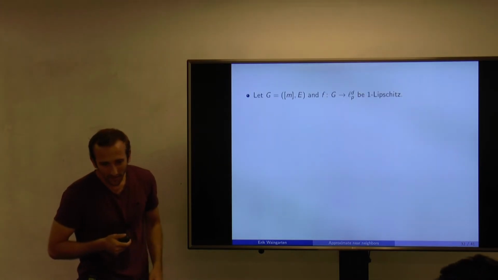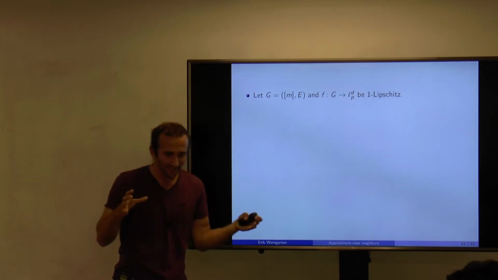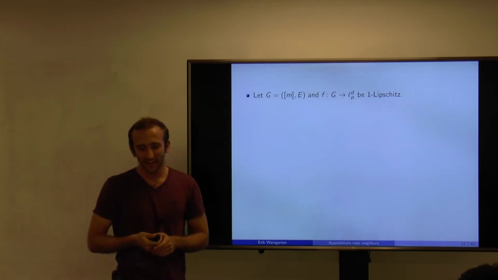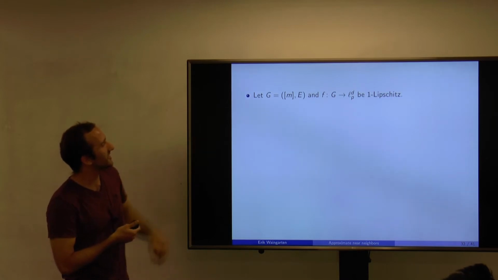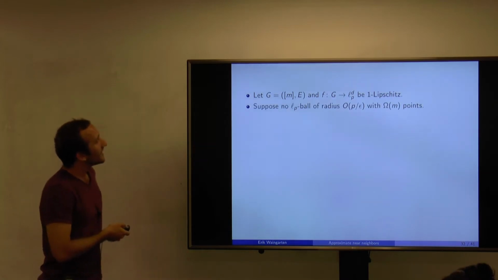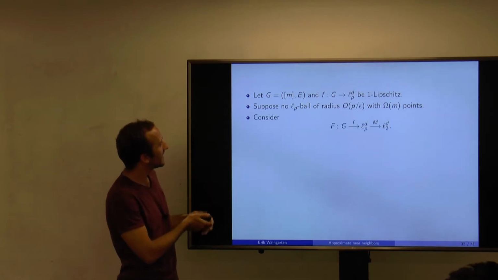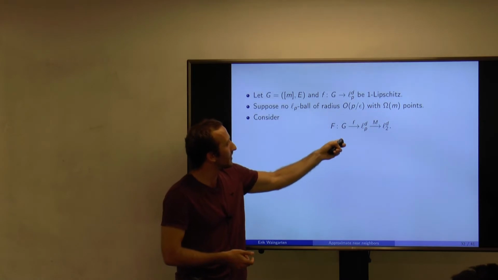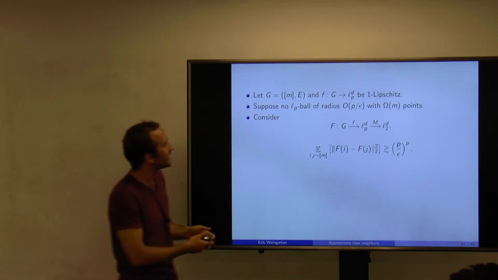Good. So now we need to prove this. We need to bound the ratio of average edge distance to average distance. We'll take a graph and think of this function as being 1-Lipschitz. If there's no ball of radius p over epsilon, then when we apply the Nasser map we get the following guarantee.